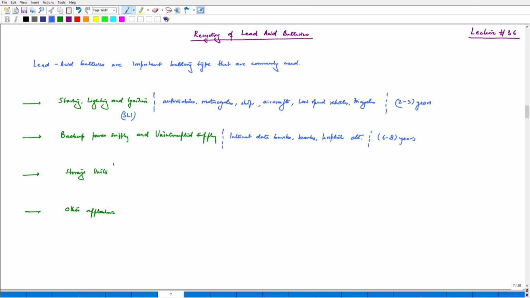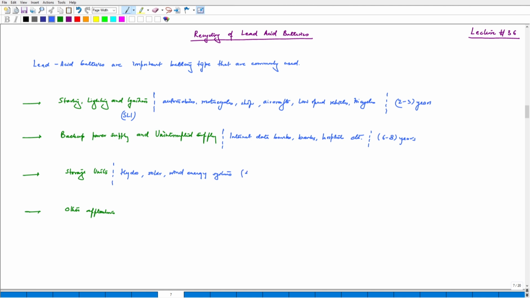When we look at storage units, and what type of storage unit are we talking of? Storage unit coming from different sources. So hydro energy, solar energy, wind energy systems.